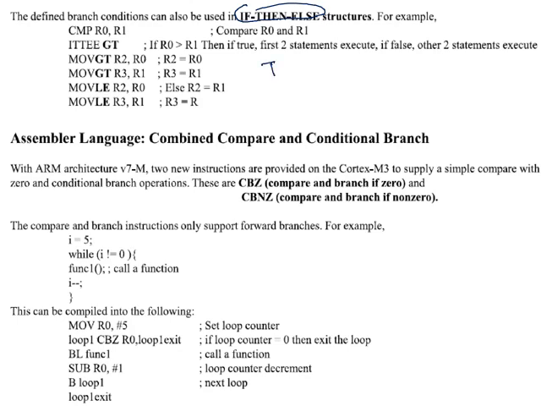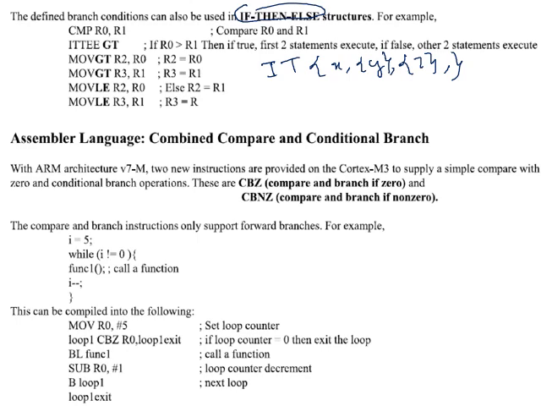IT stands for if-then, followed by three variants, something like X, Y, and Z. If then true, execute; else, greater than.